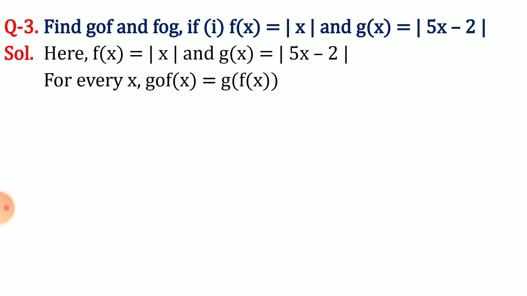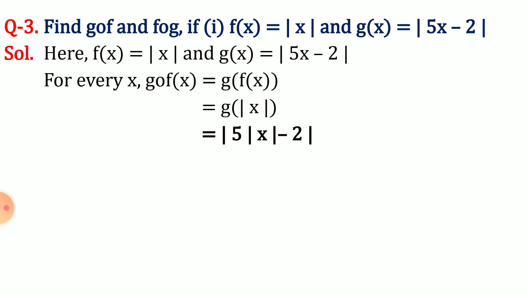Here two functions f and g map from R to R. So f from R to R and g from R to R, therefore g composition f is from R to R. So for every x belonging to R, (g∘f)(x) = g(f(x)), but here f(x) = |x|, so substitute: g(f(x)) = g(|x|). But here g(x) = |5x − 2|, so substituting x = |x|, it is equal to |5|x| − 2|.